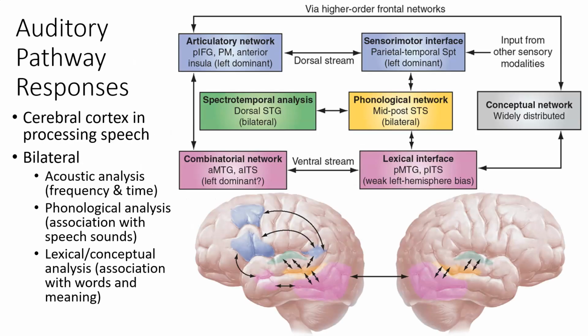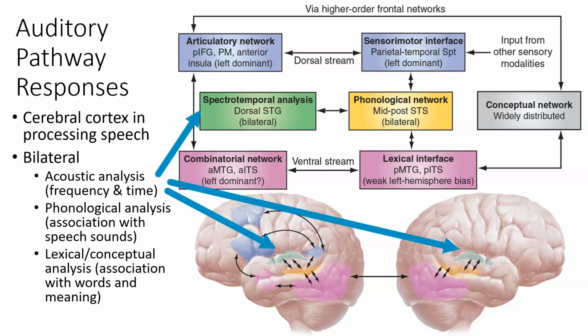Responses within the brain happen through a variety of interconnections and in a variety of areas. Some of these areas are bilateral, which are indicated here. So we have acoustic analysis in terms of frequency and time in the green spectrotemporal analysis box, marked with a similar green in the auditory reception area on the temporal lobe of the brain.